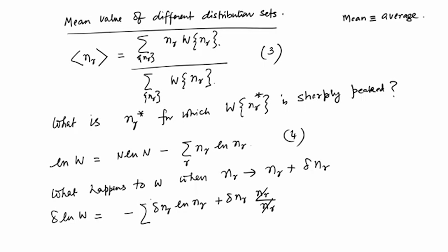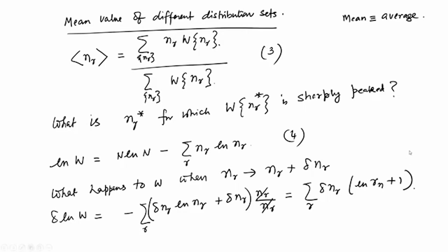So, we land up with a simple formula, which is equal to a sum over R of delta N_R times log of N_R plus 1. That is the small deviation of the distribution because of a small change in the particle number in each of the available energy states.